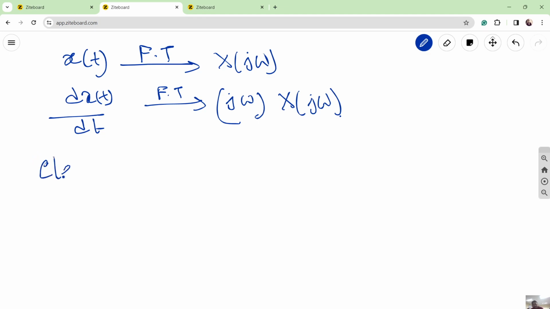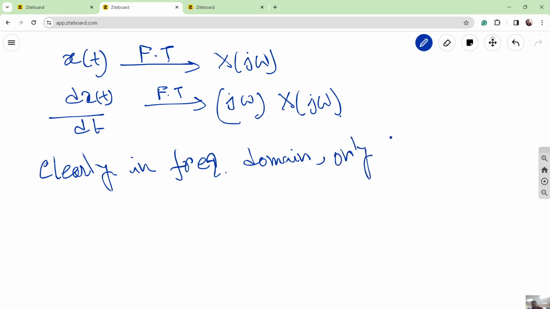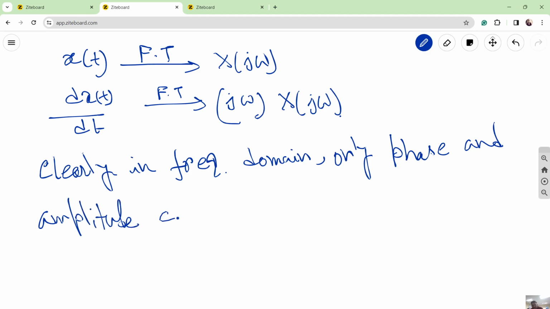So clearly in frequency domain, only the phase and amplitude change.